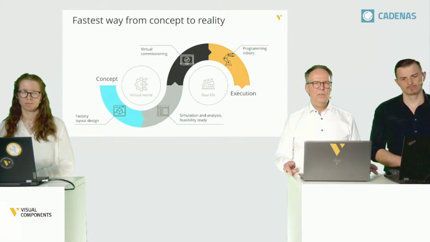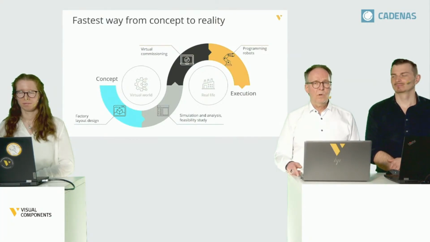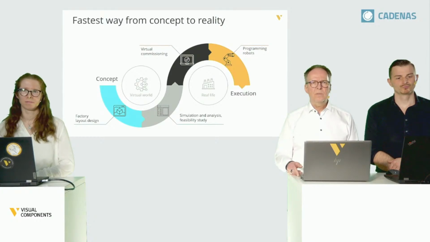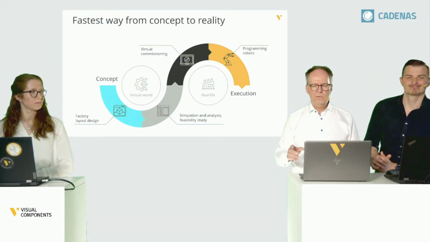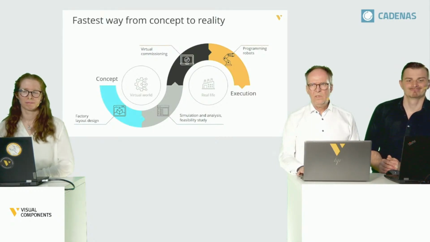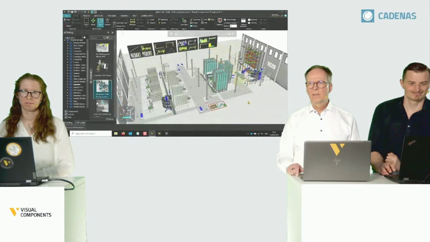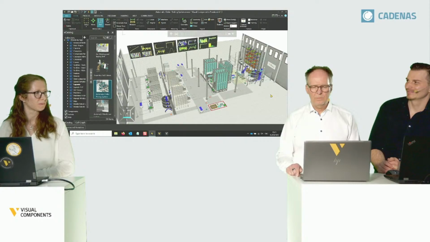And last but not least, we can also do the robot offline programming and program the robot in our software and bring it to the robot on the shop floor. And how does this look in a first overview? So Mathilde will give us a first look into the software.